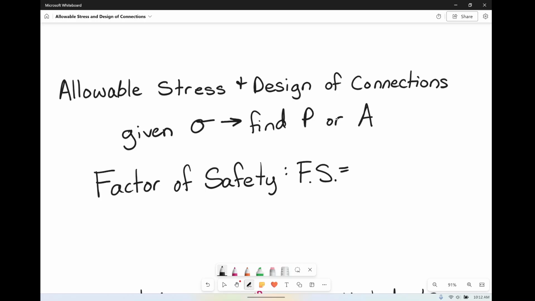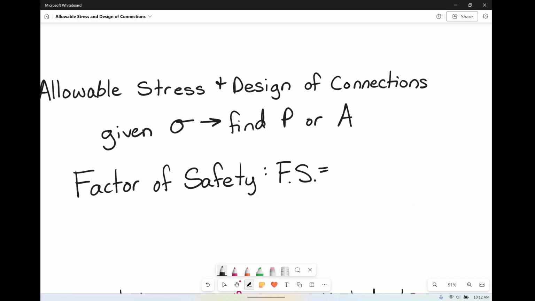And there are 2 different types of factors of safety. One's for design, one's for analysis. So for design, we have a failure amount for our stress over an allowable amount that we want for our stress. So if it's going to fail at 50 KSI, maybe we don't want to allow it to get anywhere near 50.